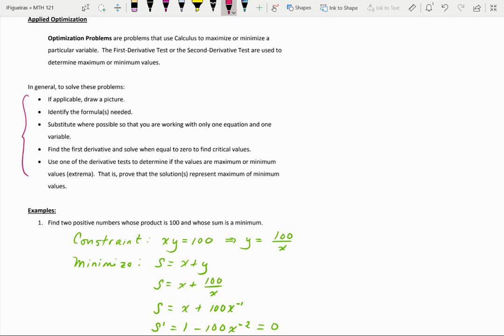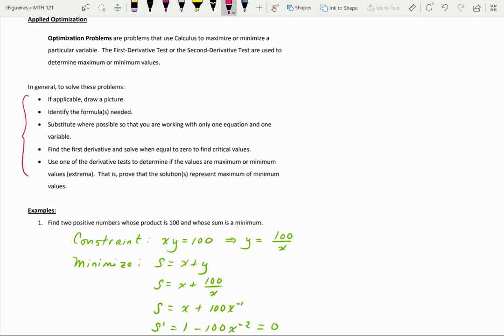In some cases, you're going to want to substitute where possible so that you're only working with one equation with one variable in the one that you're taking the derivative of to maximize or minimize. You're going to use the first derivative, set it equal to 0 and solve it to find critical values.